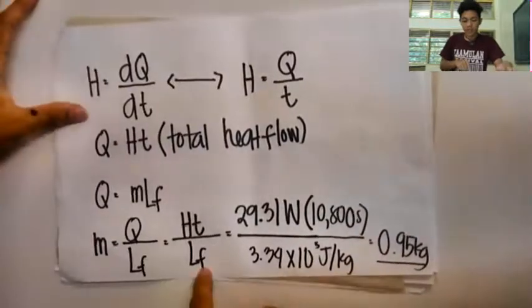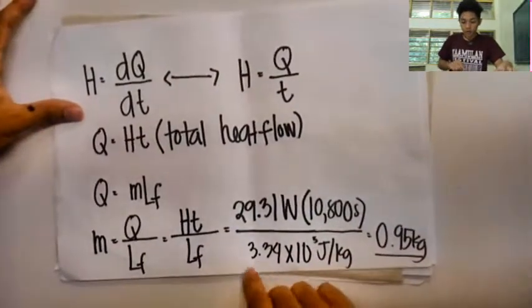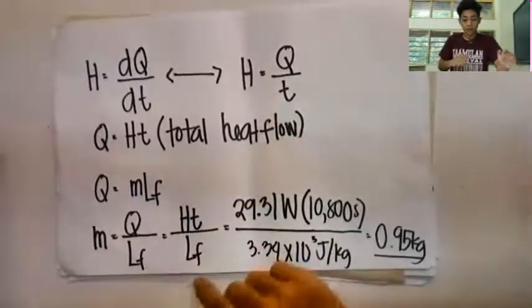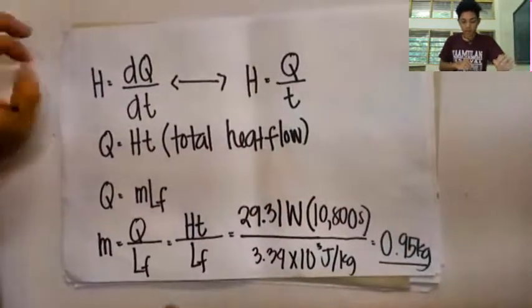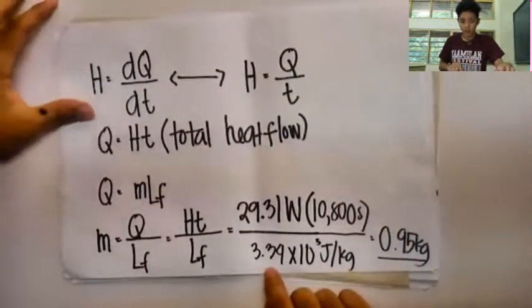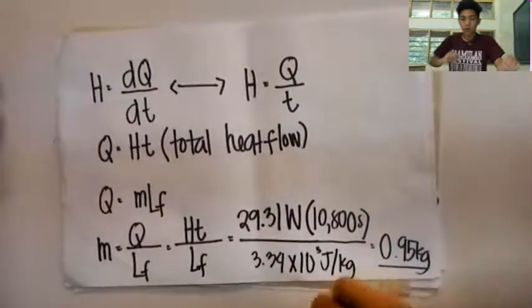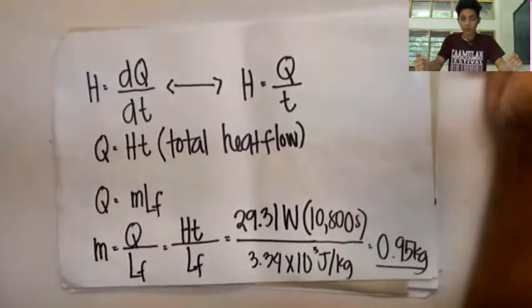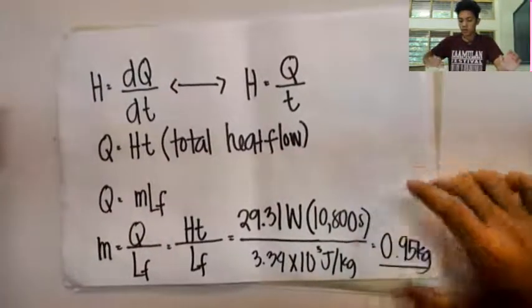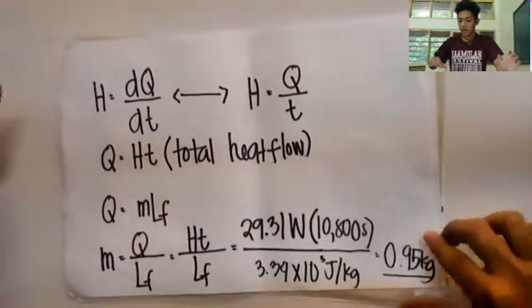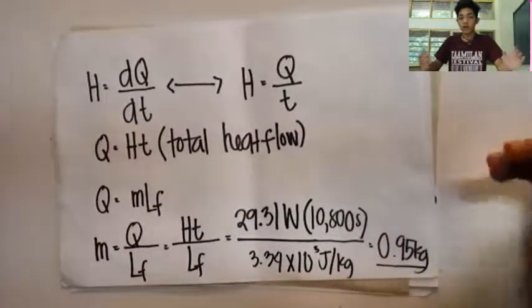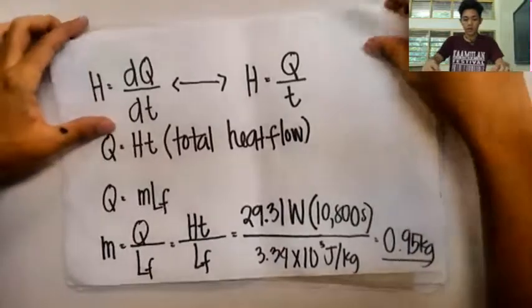Divide by the latent heat of fusion of ice, which has a value of 3.34 times 10 to the power of 5 joules per kilogram. So we get the final answer: the amount of ice is 0.95 kilogram.